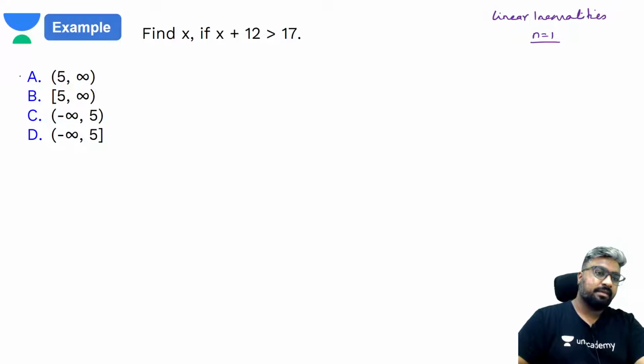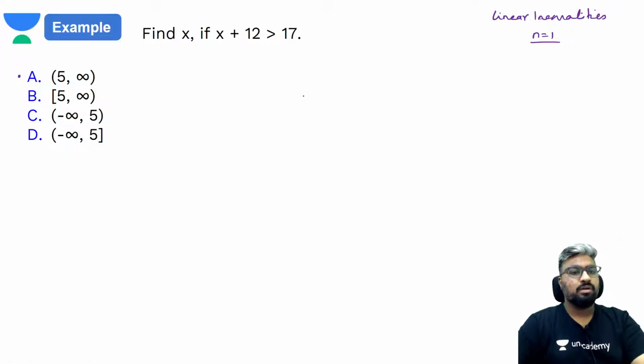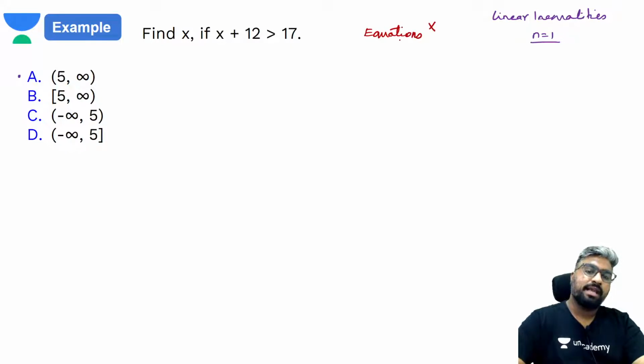Ishita says A, 5 to positive infinity. Okay, both not included. Others? So we will do normally what we do, but we will not do what we do in equations. In equations, what do we do? Take this there, bring this here. Don't do that. Instead, do it how the Americans do it.